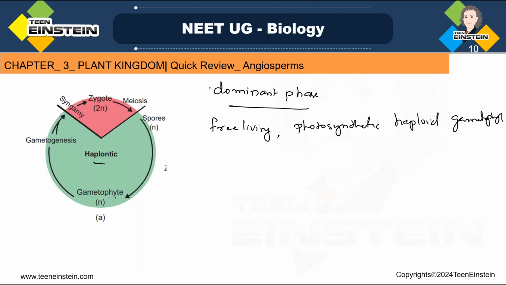That means it is bearing the gamete generating body, right? It is having the capacity to produce the gametes, or gamete generating cycle, that will be there. So the diploid or the sporophytic generation is represented only by a single cell zygote here.